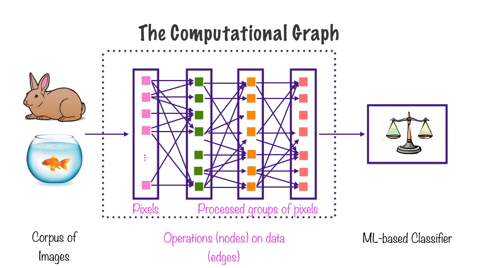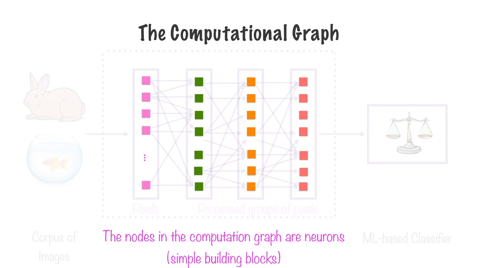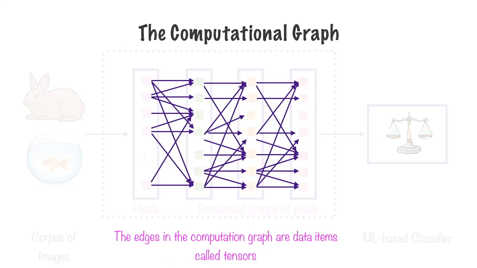TensorFlow works on executing these directed acyclic graphs, which is why they're such a good fit for building and working with neural networks. To summarize, a neural network is nothing but a computation graph with nodes and edges. The nodes are divided into layers, where nodes in one layer are connected to the nodes in the layer which follows it. The edges or connections within this computational graph are the tensors.